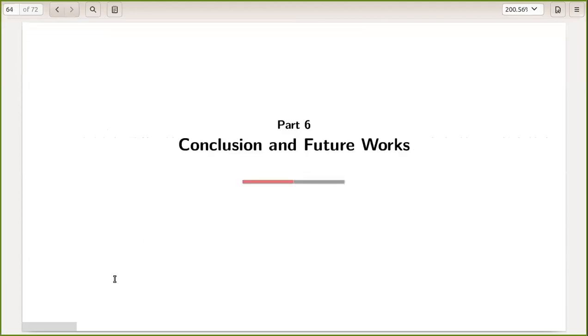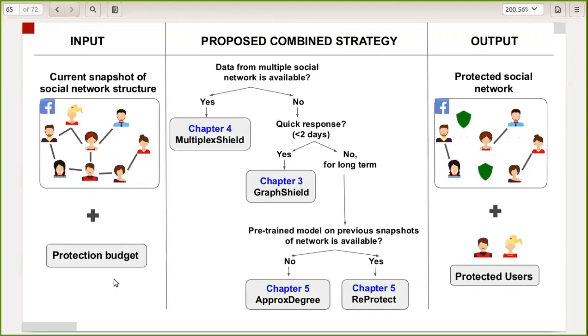So in conclusion, what do we propose? Given a social network, for example Facebook, we have the current snapshot of the social network structure, and we have the protection budget.